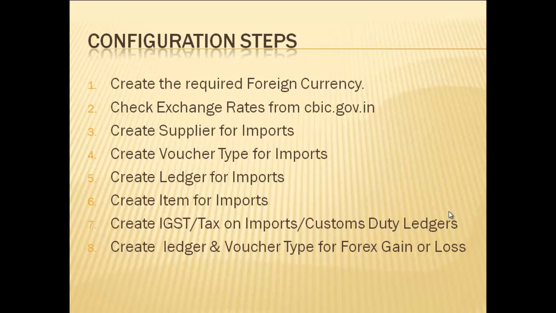Next, in step 6, you create item for imports. In step number 7, you create IGST if it is not there. You create ledger for tax on imports and the custom duty ledger. Create ledger and voucher type for Forex gain or loss.